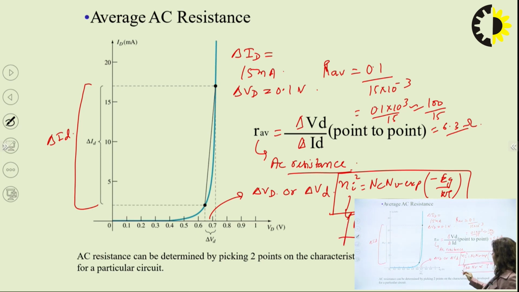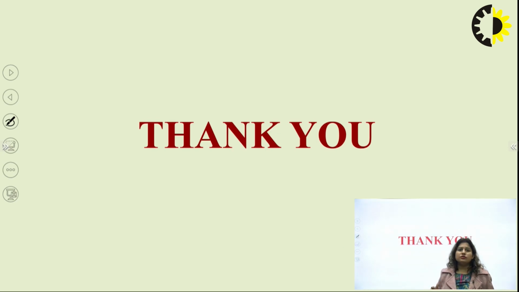With these formulas we can calculate the value of the intrinsic carrier concentrations. In the next lecture we are going to see how the intrinsic carrier concentration plays an important role in a semiconductor material, and how we can calculate its value.